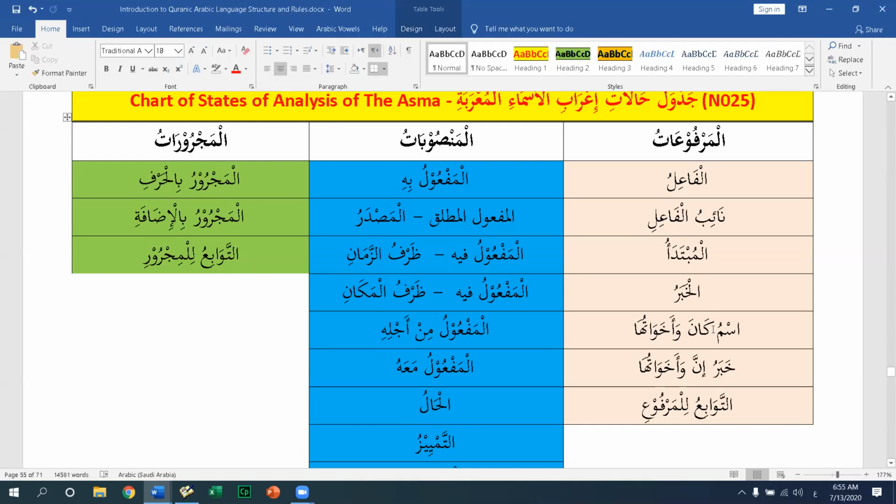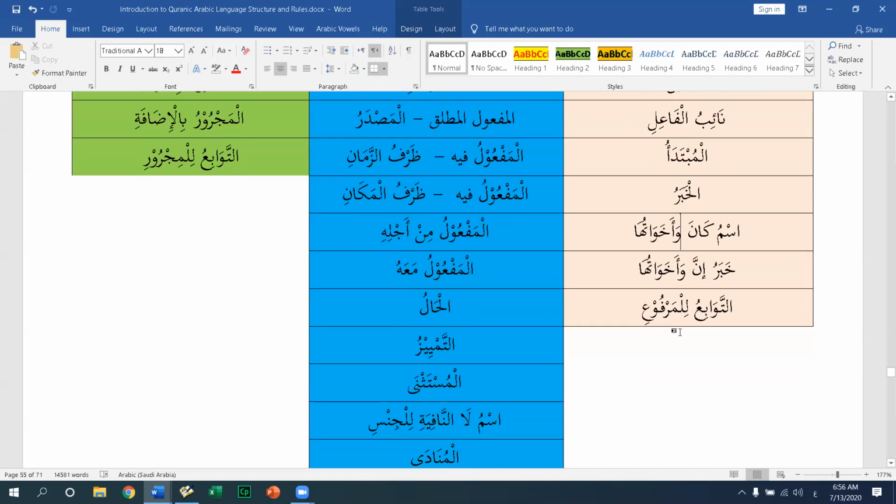Ismu kana, remember kana is placed in front of al-jumlatul ismiya, and the mubtada is called ismu kana, and it is marfu'. Wa akhawatuha, akhawatu kana. Akhawat literally means sisters, but it means similar words.